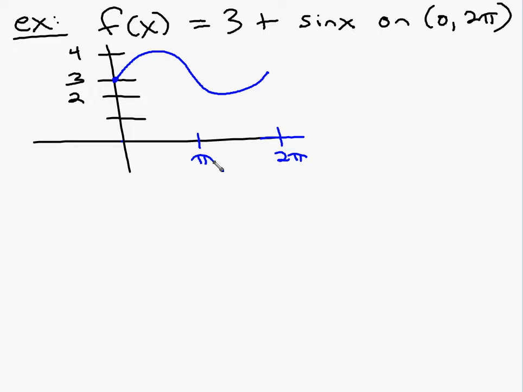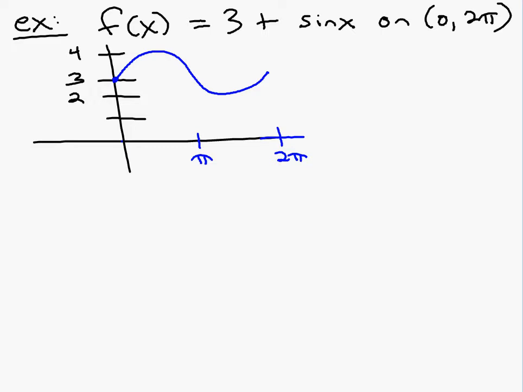And if I wanted to talk about concavity of this, well, isn't it obvious to see where it's concave up and concave down by looking at the graph? But we need to do this analytically now. So let's take the derivative.